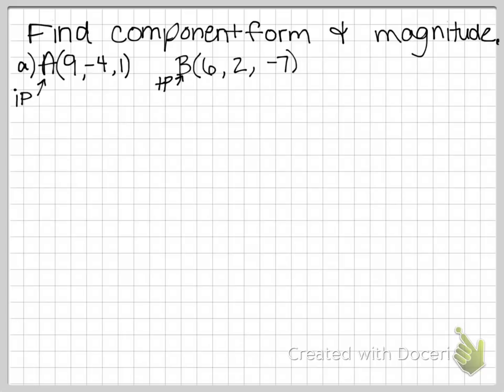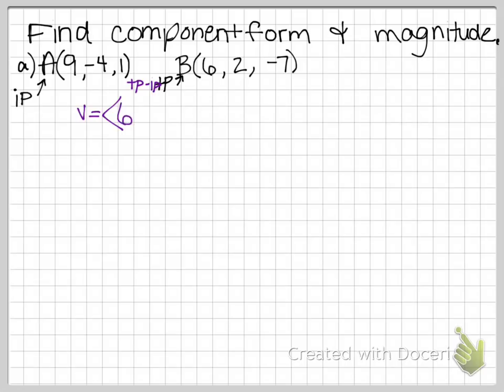So if I want to find the component form of this vector, remember I take my terminal point minus my initial point. I had a few people get that confused on their homework, taking initial minus terminal. It's terminal minus initial.